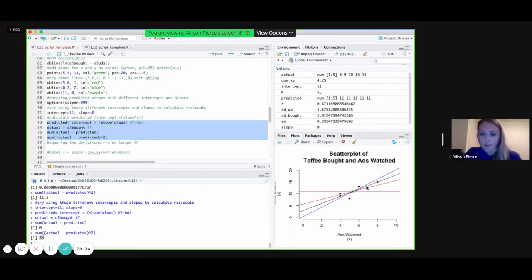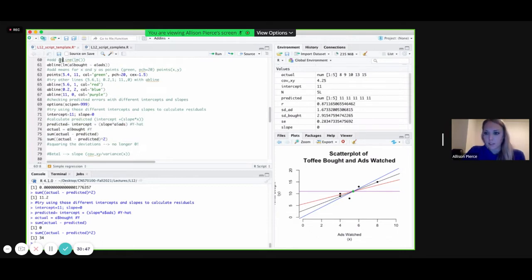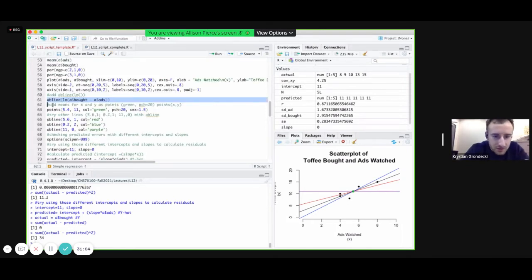Oh, sorry. Just now saw the chat. You're getting an error in the abline lines. Do you have the parentheses correct? On the lm statement, you want to make sure that your parentheses are correct. Yeah, there's no issues with the parentheses.